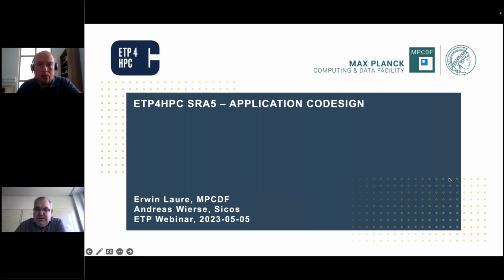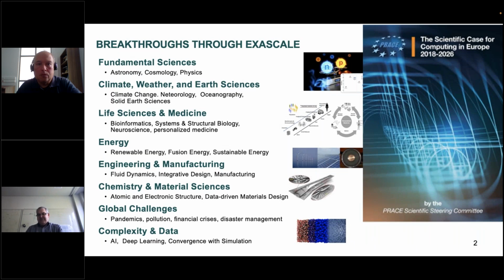So to start with, let me start with the opportunities. It's not surprising that pushing the limits of computational power and computational capabilities now to the exascale and even further is really bringing a lot of breakthroughs in many scientific domains, starting from the fundamental sciences, understanding the nature of galaxies and stars, to particle physics.